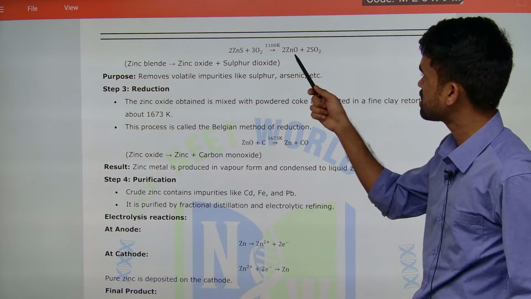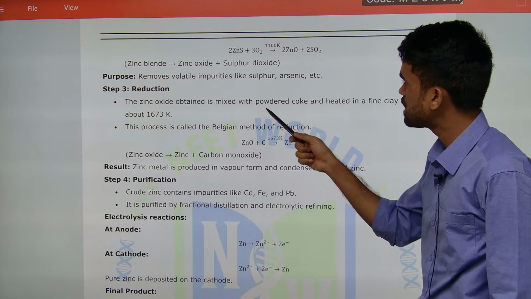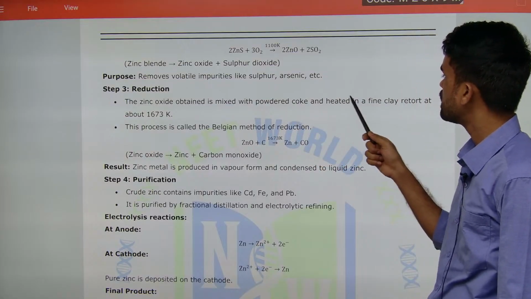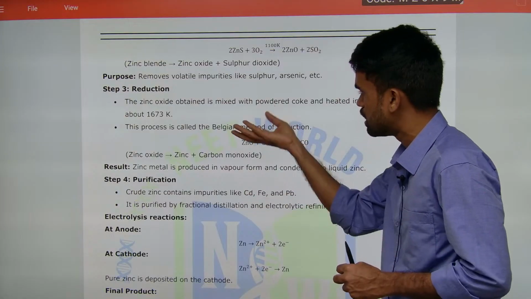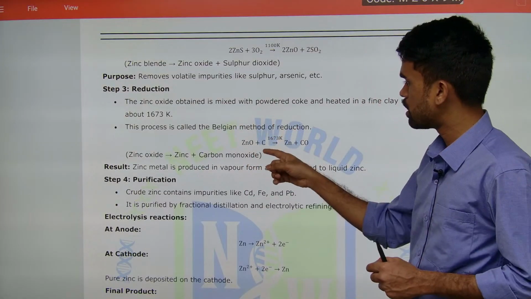So whatever zinc oxide we got, that should be mixed with powdered coke and then heated in a fire clay retort. Then we need to heat this zinc oxide plus powdered coke.